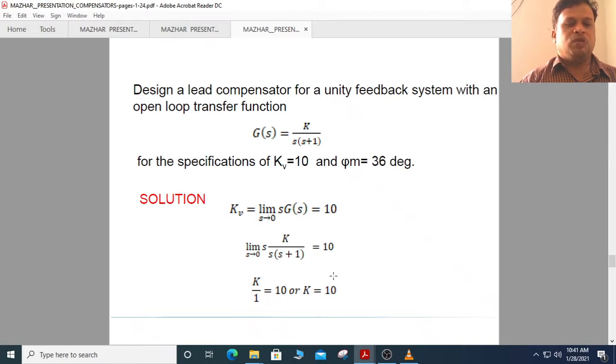Then limit s tends to 0 of s into k by s into s plus 1 is equal to 10. Substituting s equal to 0, k by 1 is equal to 10 and the value of k is 10. By using this formula, we got the k value as 10.